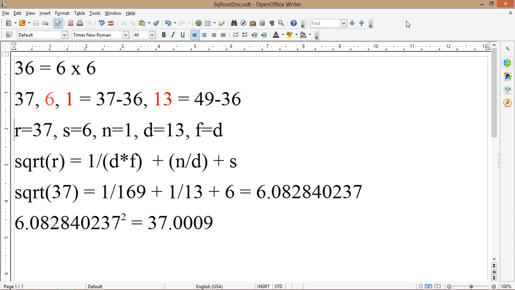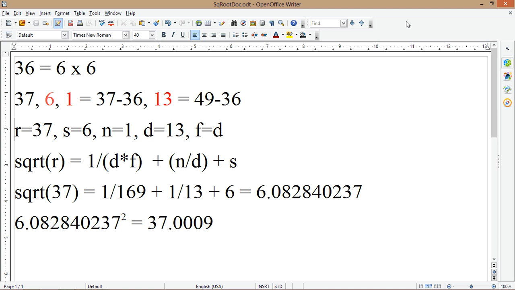Okay, now that you know how those numbers were derived, I went ahead and assigned these numbers to variables, because you'll notice on your screen here that we do have an algebraic expression, which simplifies things.